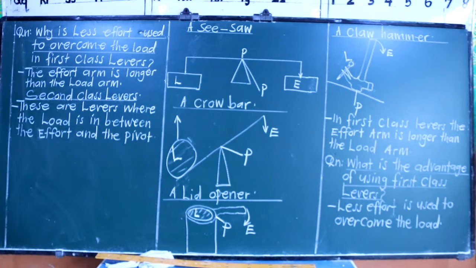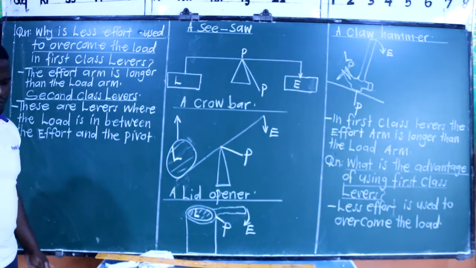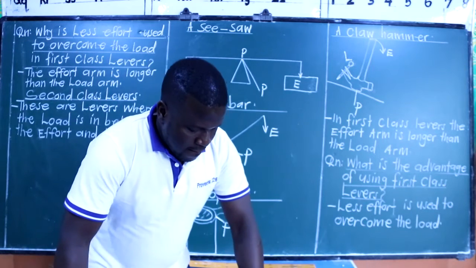So with second-class levers, the load is in between the effort and the pivot.